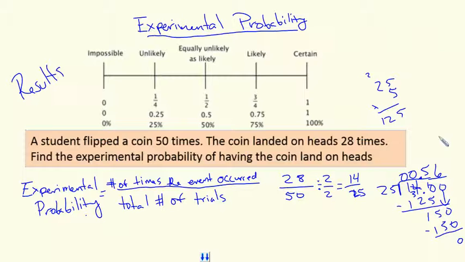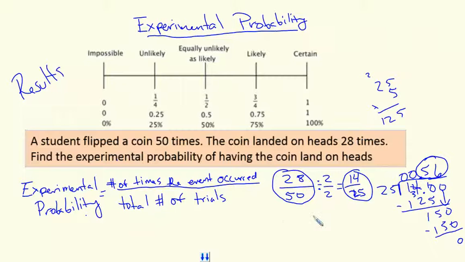So, written as a decimal, the experimental probability of this coin landing on heads is 56 hundredths. Okay? So, each of these values represent the same probability, the same likelihood that this coin will land on heads.